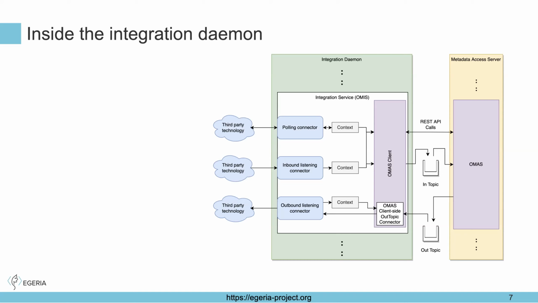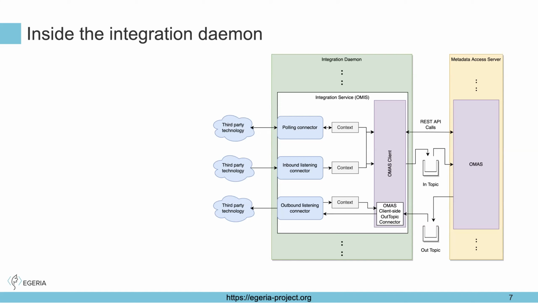The integration service focuses on the specialist metadata interface that's needed for a particular type of technology, and the connector is responsible for making the specific API calls to query, update, listen for particular types of elements.